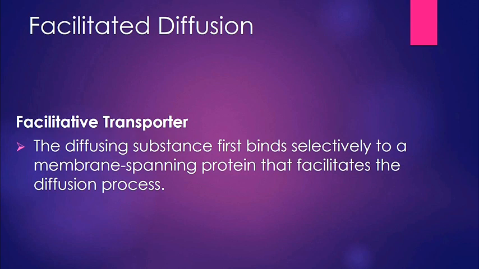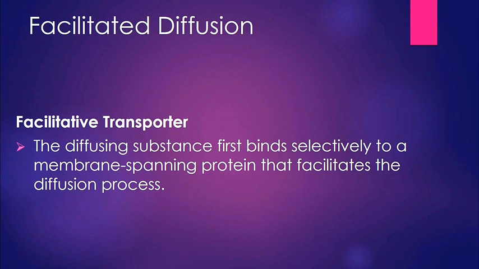Substances always diffuse across a membrane from a region of higher concentration on one side to a region of lower concentration on the other side, but they do not always diffuse through the lipid bilayer or through the channel. In many cases, the diffusing substance first binds selectively to a membrane-spanning protein called a facilitative transporter that facilitates the diffusion process.